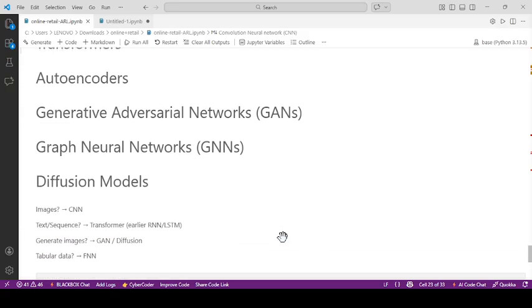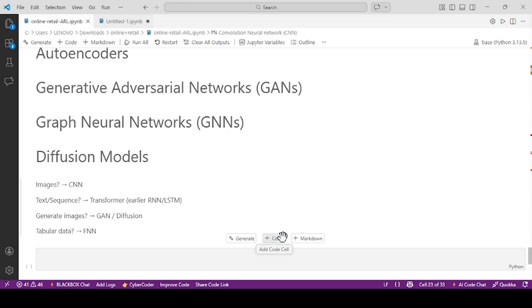And what kind of networks are used for what purpose, that we also discussed in the previous session. If we have images or videos as data, and you want to perform predictions, detections, or analysis on them, then you are supposed to use a convolutional neural network.